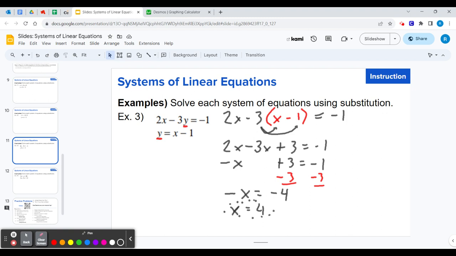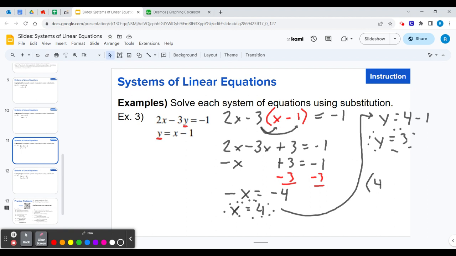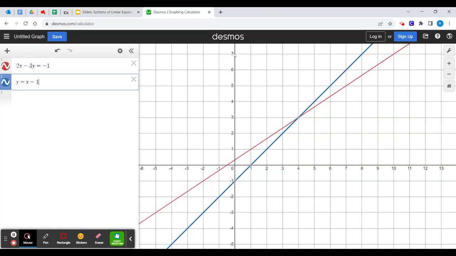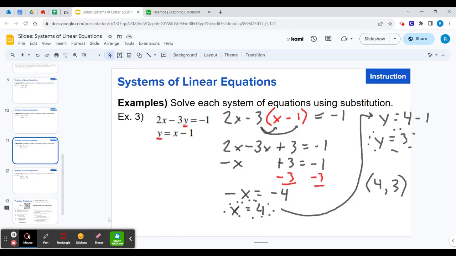So that's part of our first answer. And if we just plug it back into our y equation, y equals 4 minus 1, we'll get a y value of 3. And then our solution is going to be 4, 3. And if you check in Desmos to see what you got there, that indeed has an intersection at x equals 4 and y equals 3. So it looks like we did the math correctly there.